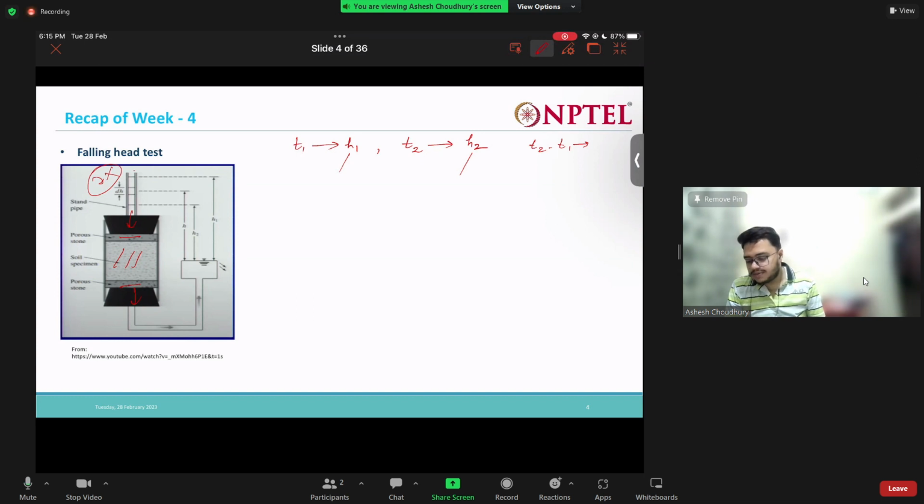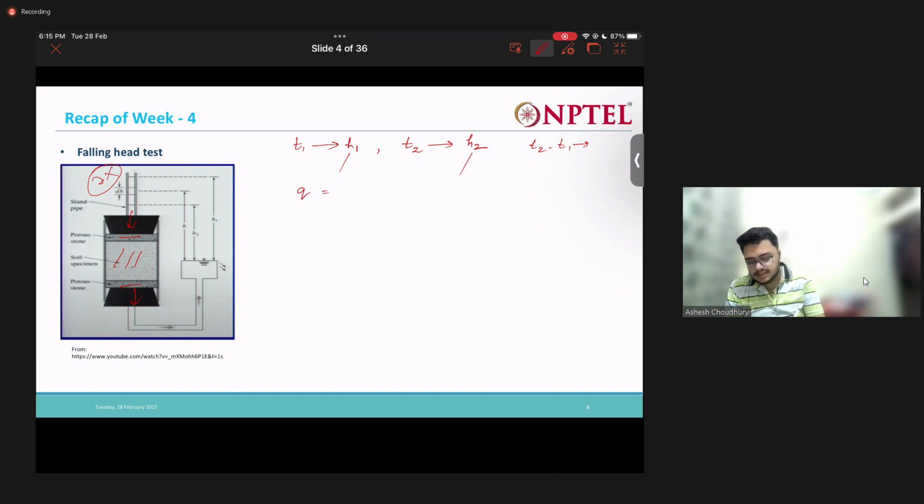Now I will just derive it very fast because this has already been taught in the class. The rate of flow at any time is q is equal to kia, where i is the hydraulic gradient, so k into h by l into a, right? h is the head at any point of time, which is a variable.